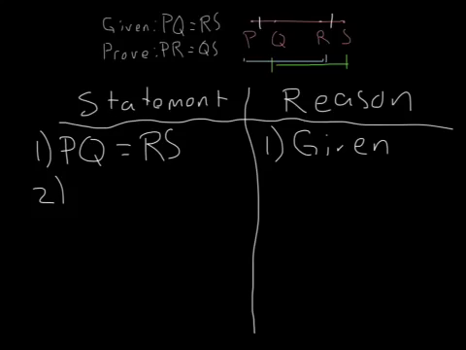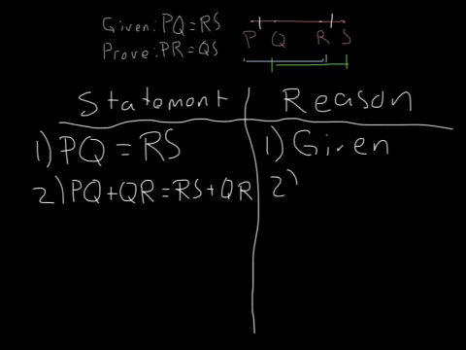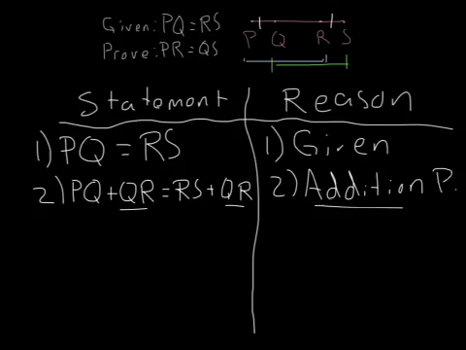So what if I added QR to each piece I had? So let's say PQ plus QR, that's going to be equal to RS plus QR. Now we can do that. We just added QR to both sides. So that would just be our addition property, like we did in our algebra proofs. I'll just put a P for property, addition property.